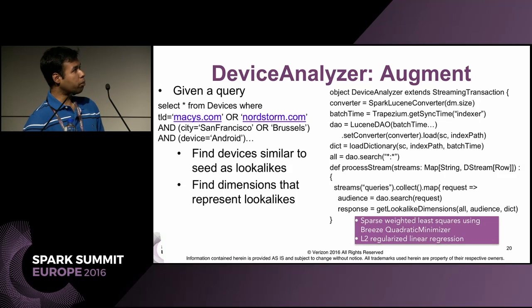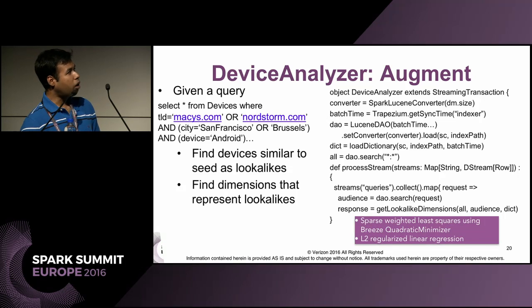Now, the augment problem is a different variation of the same thing. It's a variation of the compare problem in the sense that in this, we are given only one query that selects star from devices where TLD is Macy's and city is San Francisco or Brussels.